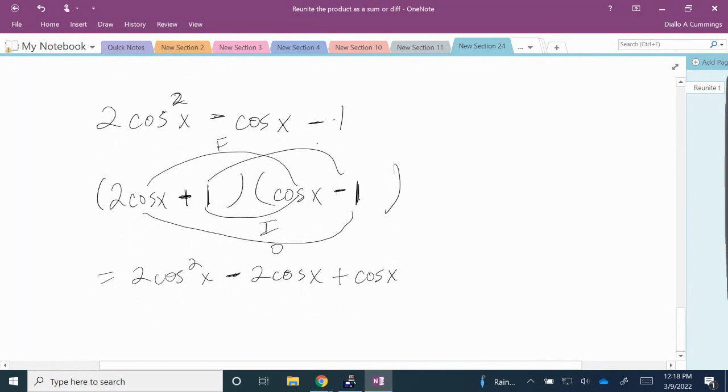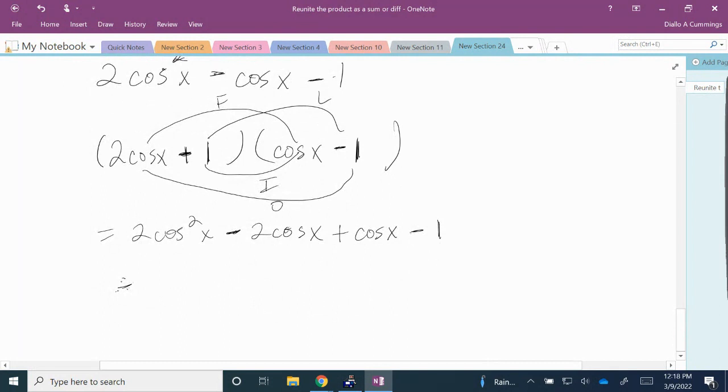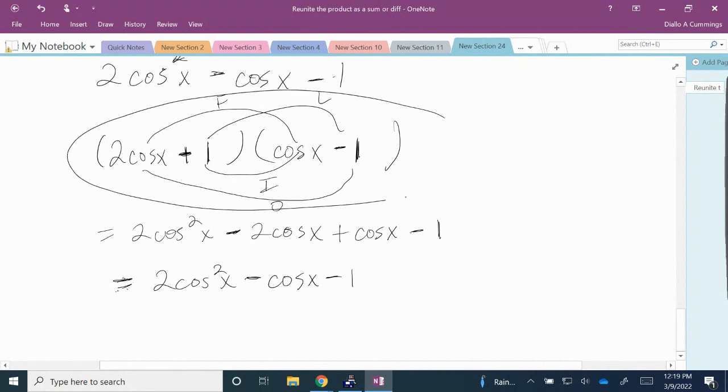And my last terms, a positive times a negative is a negative, and 1 times 1 is 1. Now I will combine like terms. I bring down my 2 cosine squared x, -2 cosine x plus cosine x gives me negative cosine x, minus 1. So I know that this is the correct factorization.